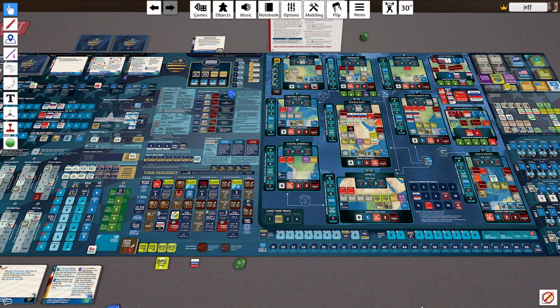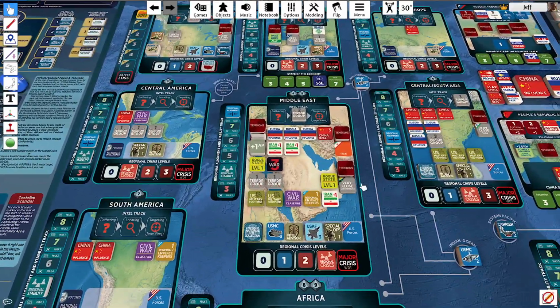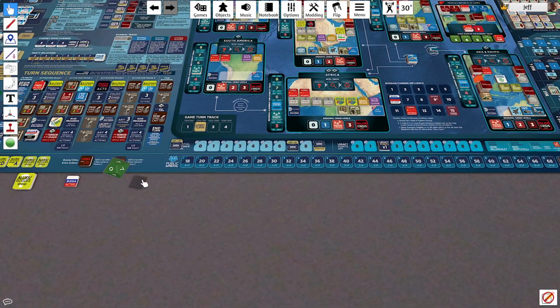So I'm going to do the Middle East here. So I'm going to roll. -1 because I have an intel and another -1 because of this. So that makes it a 0. Love the build, but I don't think it needed a buff.